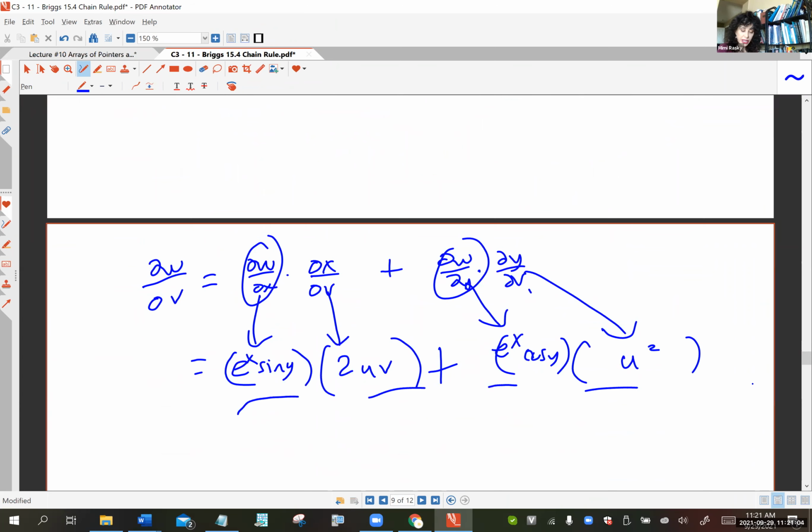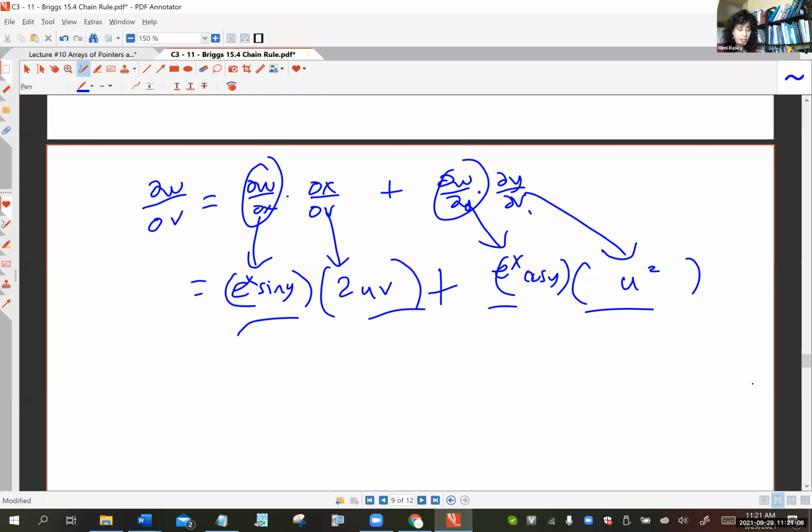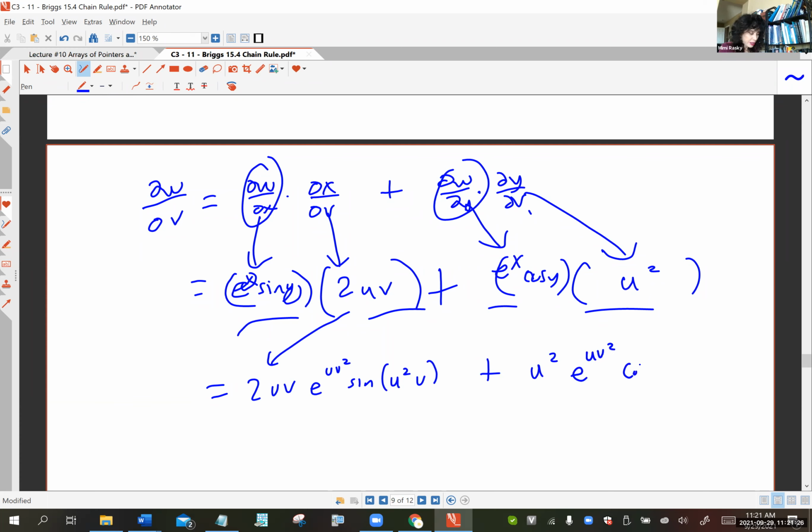And remember, you can't leave your answer with all these different alphabet letters in there. It's a mess. You want to clean it up and replace the x and y with what they told you. So this answer, and I'm going to start making it look pretty, put the 2uv in front. You got e to the uv squared sine of u squared v plus u squared e to the uv squared cos of u squared v. Okay, and there's your other partial.